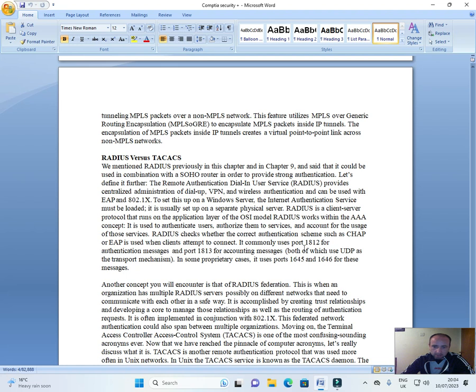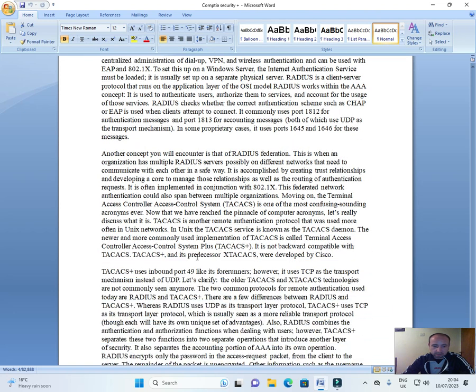It commonly uses port 1812 for authentication messages and port 1813 for accounting messages, both of which use UDP as the transport mechanism. In some proprietary cases, it uses ports 1645 and 1646 for these messages.